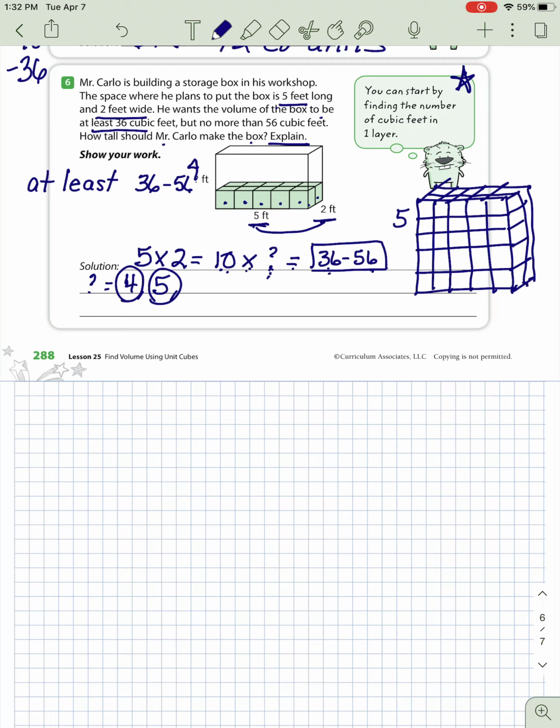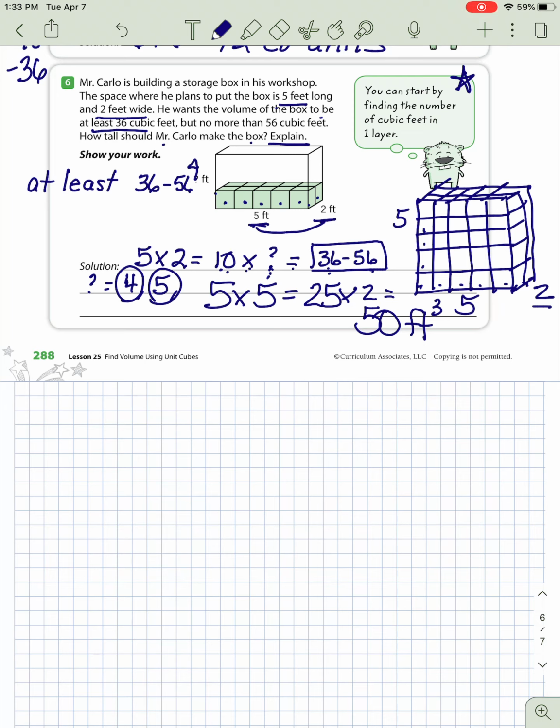And it needs to be 2. So notice I've got 2. 1, 2, 3, 4, 5. And I've got it going up 1, 2, 3, 4, 5. So 5 times 5 equals 25. But I have 2 layers times 2, so I have 50 feet cubed.